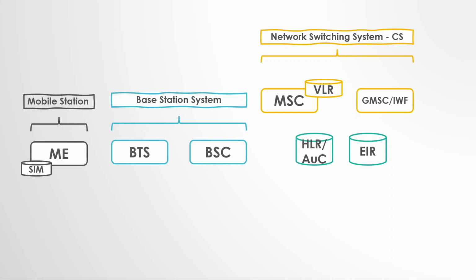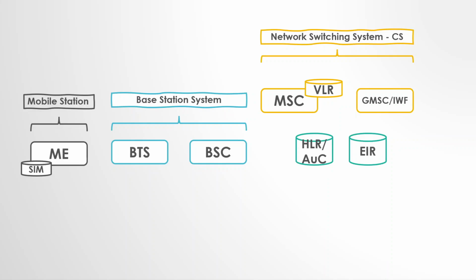The main difference between an MSC in GSM network and an exchange in a fixed network is that MSC has to take into account the impact of the allocation of radio resources and mobile nature of the subscribers, and to be able to support procedures required for the location registration and handovers.